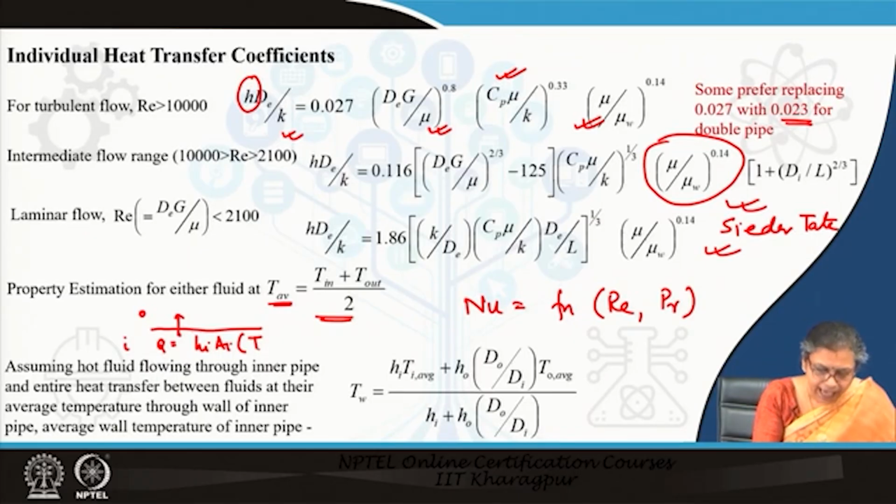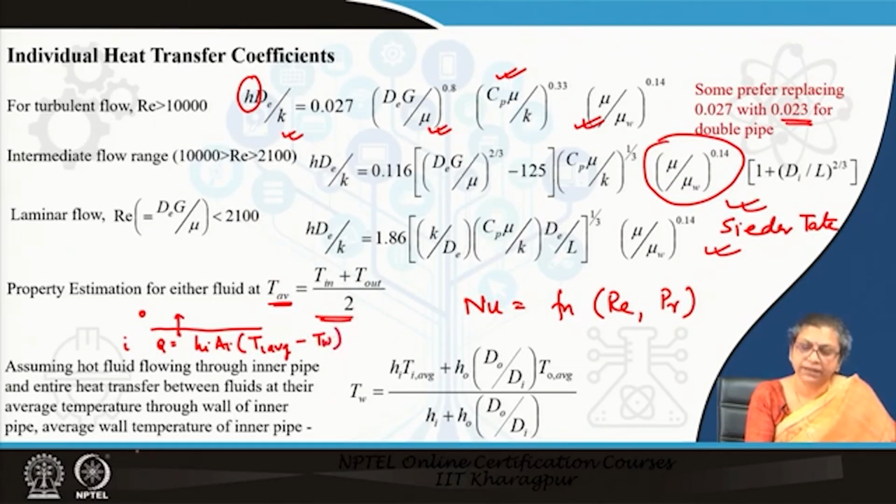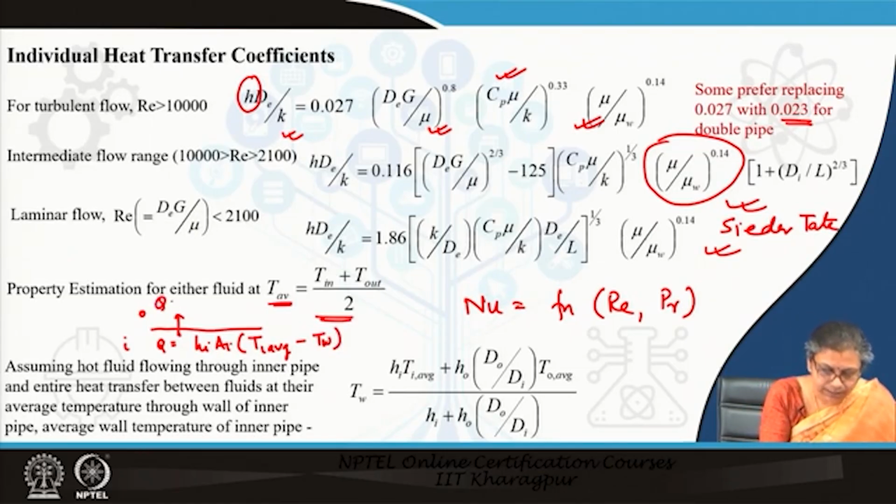So, therefore, the average temperature here is Ti average minus T wall, right. The heat is going from here to here. So, therefore, in this particular case Q equals HO AO times TW minus TO average.